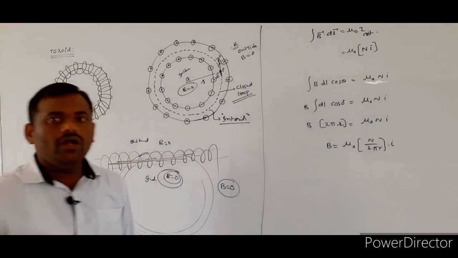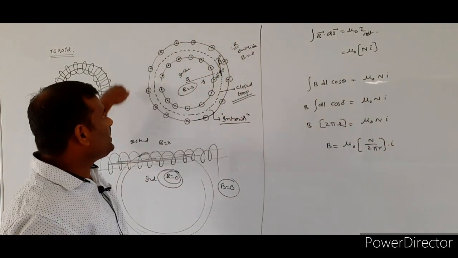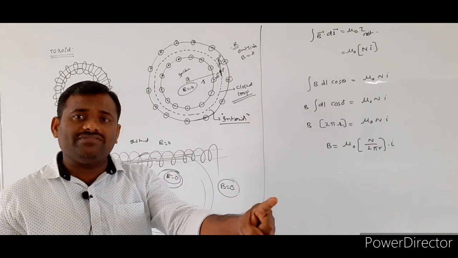What is the 2 pi r here? The circumference of the toroid, or we will call it the length of the toroid.